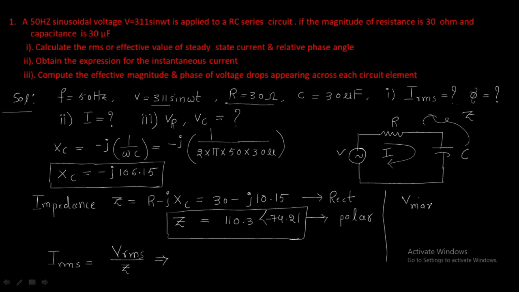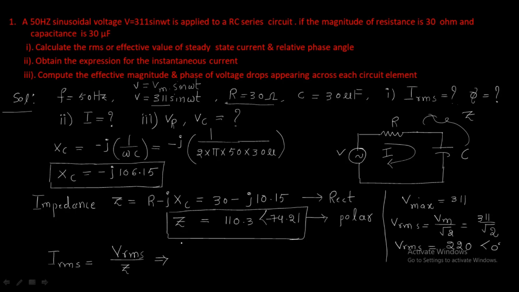If you compare with the instantaneous Vmax sin omega t, we can write Vmax equal to 311. The relation is Vrms equal to maximum voltage by root 2. So 311 by root 2 gives Vrms equal to 220 at an angle of 0, because there is no plus phi or minus phi.